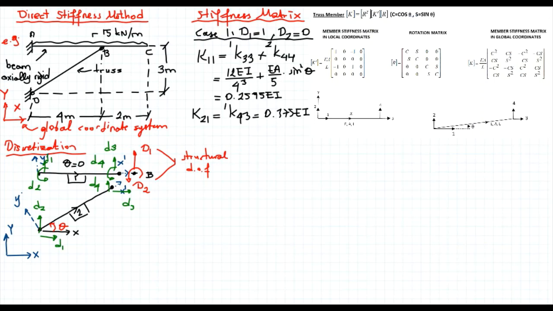Now K22 is rotation, so we don't have the contribution of the truss member, and the resistance comes from the first member, and that will be equal to K44 coming from the first member, which is EI.